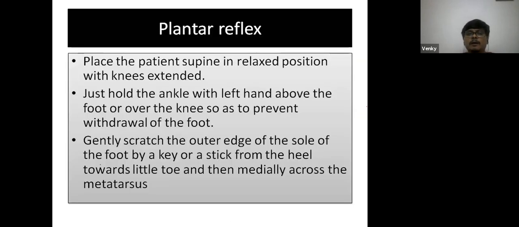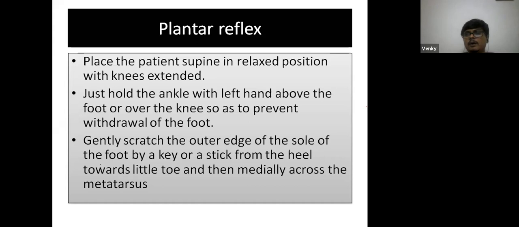Place the patient in supine, relaxed position with the knees extended. Hold the ankle with your left hand above the foot, or over the knees, to prevent withdrawal of the foot.